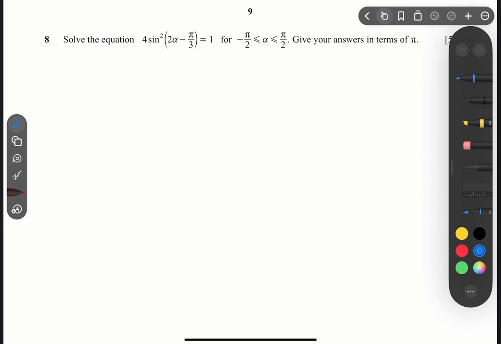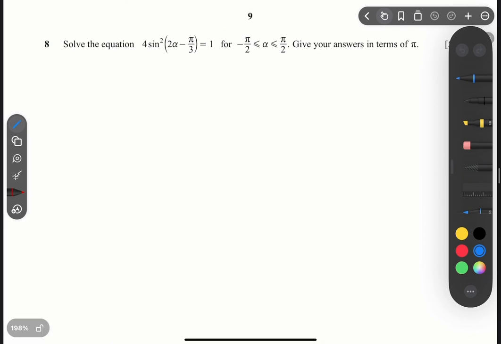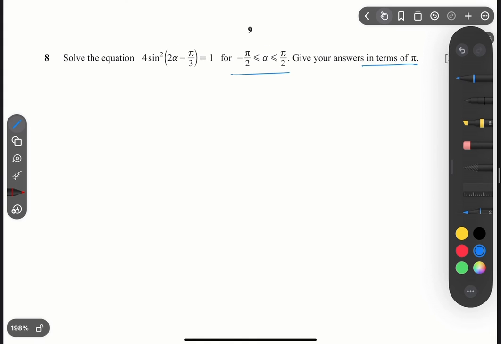Okay, so question 8, solve the equation for this and give your answer in terms of y. Okay, so pi over 2 is 1.57, just for reference. And then you can just rearrange this equation for now. Since this is squared, the entire thing is actually squared.